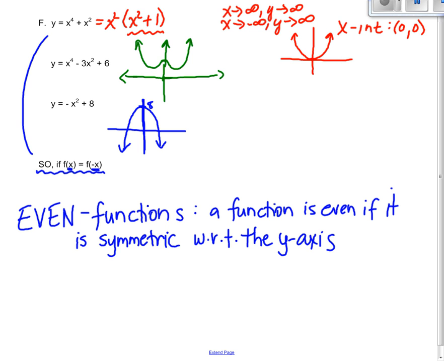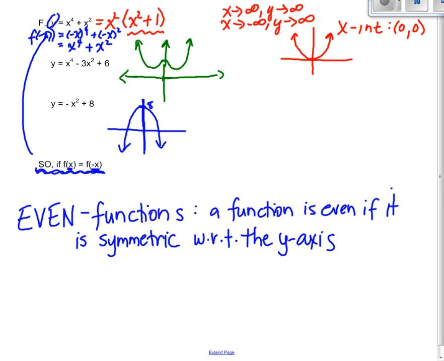So for the first one, if I were to replace x with negative x and I tidy it up, negative x to the power of 4 becomes positive x to the fourth. Negative x squared, if I were to square it, becomes positive x squared. It hasn't changed my function at all. So f of minus x is the same thing as my original function. It is an even function.